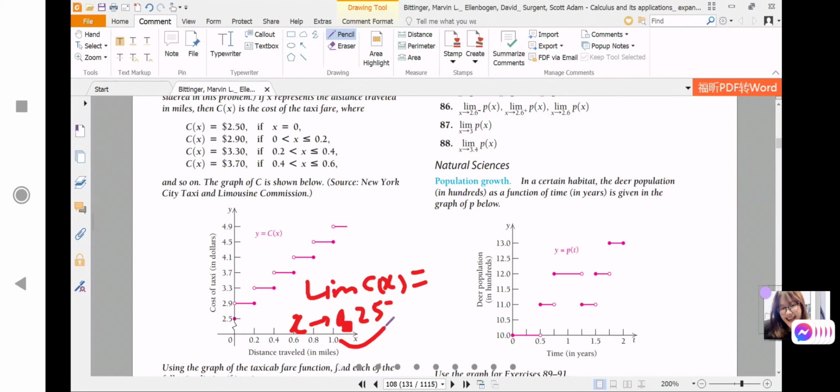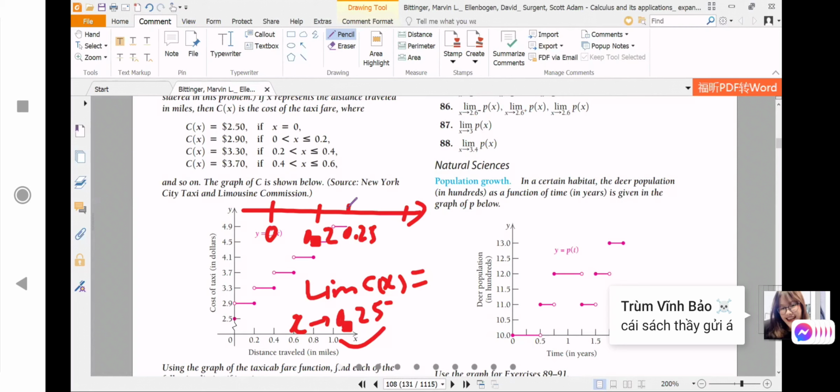So you have this 0.2 and this 0.25 and a point here. This point belongs to the interval from 0.2 to 0.4. It is what number?